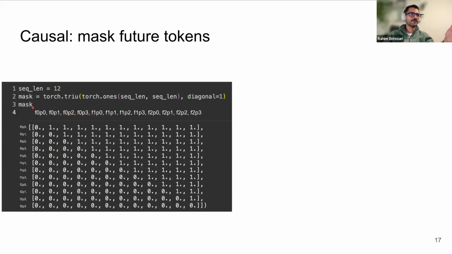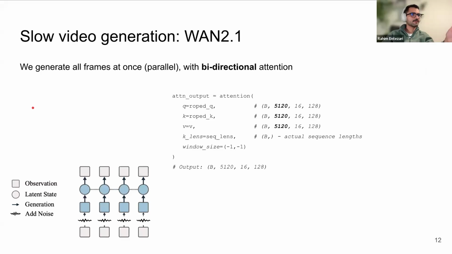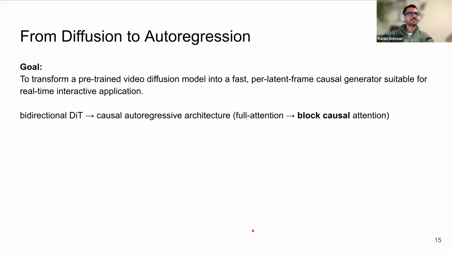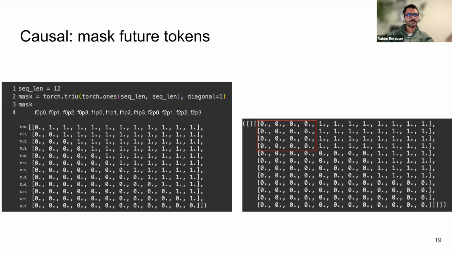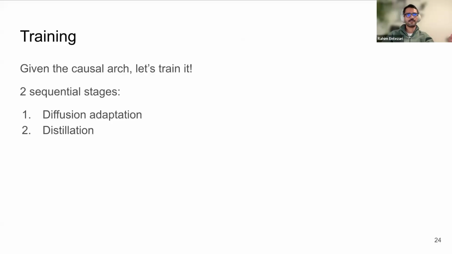When you create this, 80 frames, all of the frames can attend to each other, from previous and from future. This is why it is non-causal. Now what we did is to take this non-causal attention and make it causal. That's the first important step. And now let's train it.